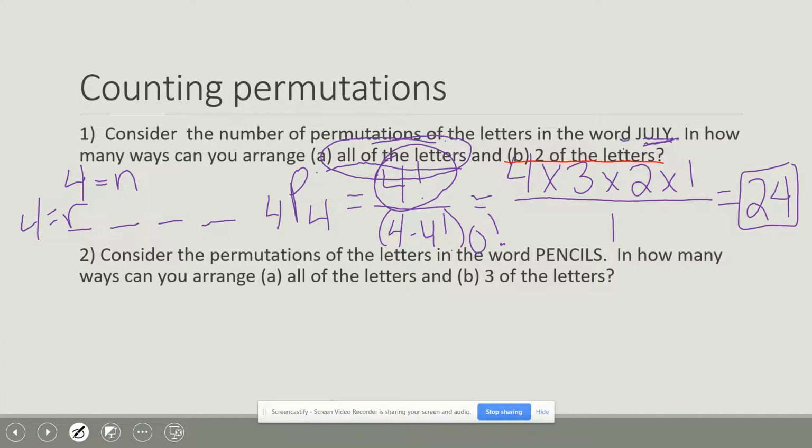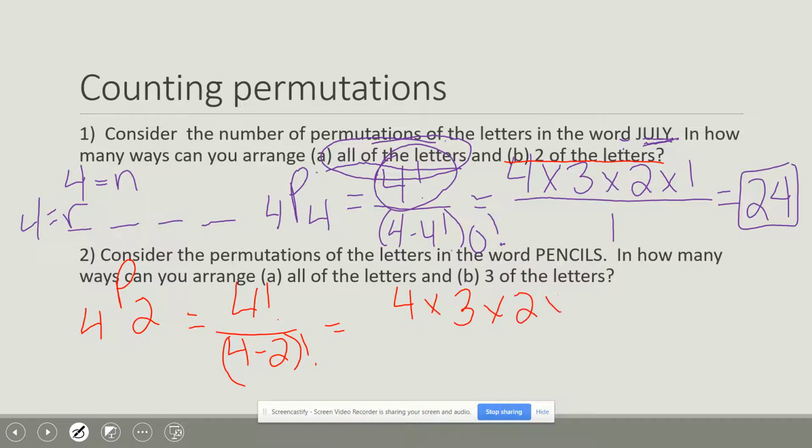Part B is saying, okay, now we're only going to use 2 of the letters. So we still have 4 letters in the word July, but now there's only going to be 2 places to put them. So 4P2. So 4 factorial over 4 minus 2 factorial. On the top, 4 times 3 times 2 times 1 again.